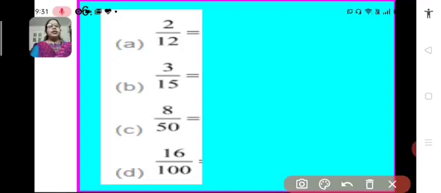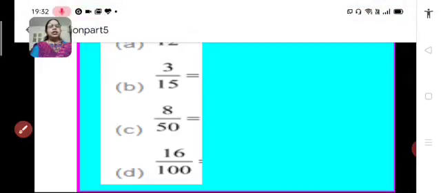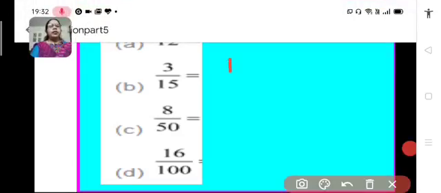If we divide both 2 and 12 by 2, we get 1 upon 6. Similarly, in B, we get the HCF as 3. So, we divide 3 and 15 by 3 and we get 1 upon 5.